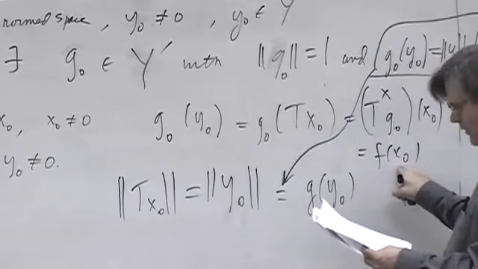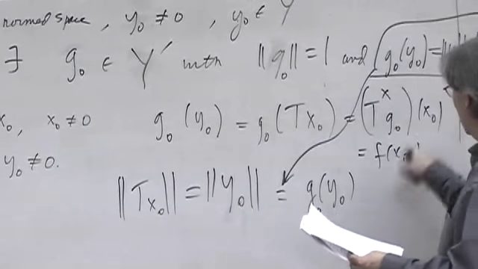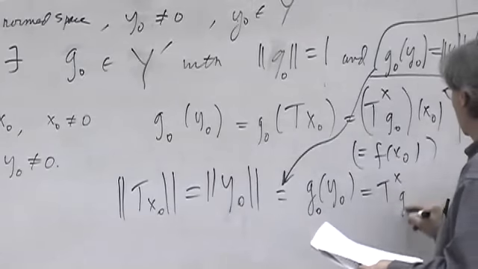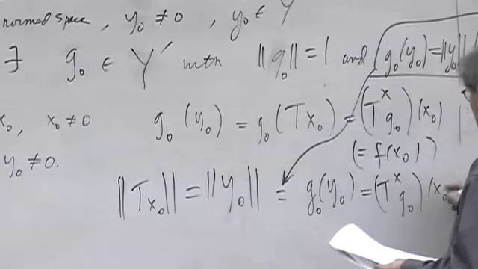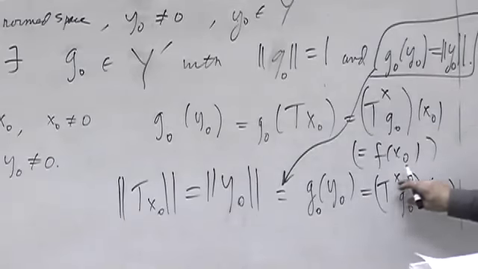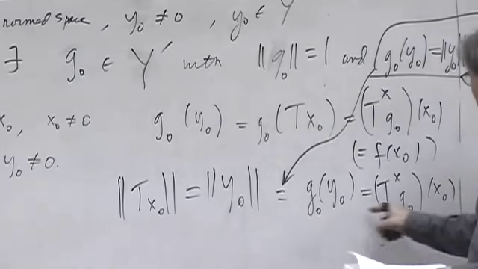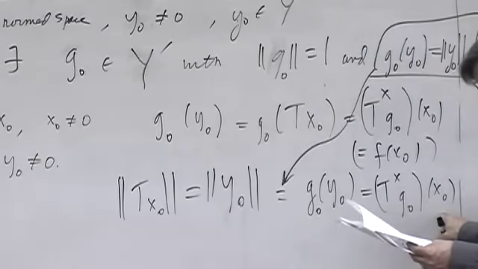And then that's equal to this F of X0, or the T super X of G0 at X0. This super little x is confusing, but okay. And then this was just an absolute value.